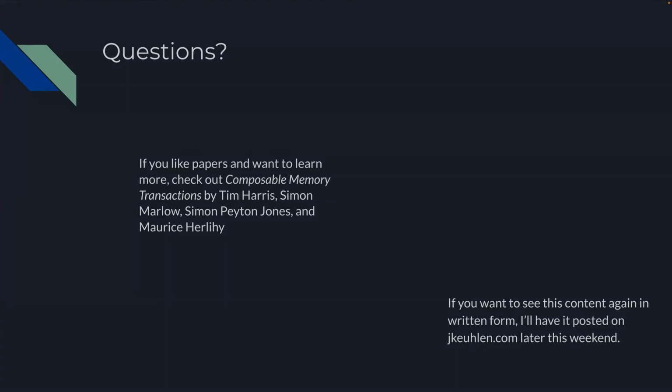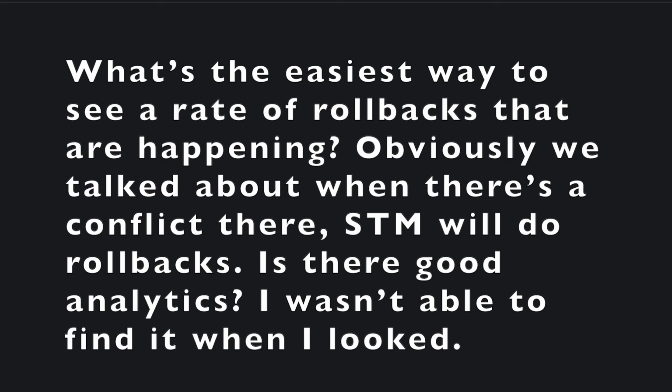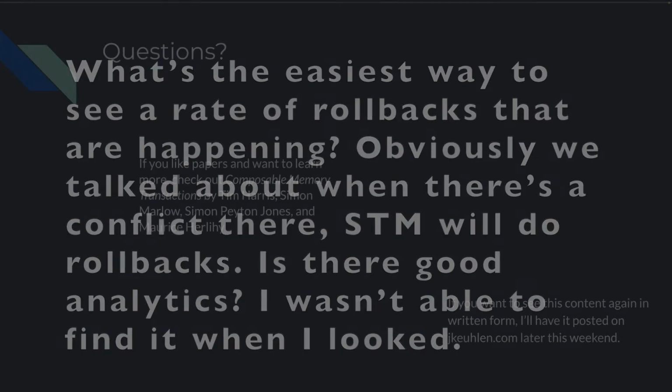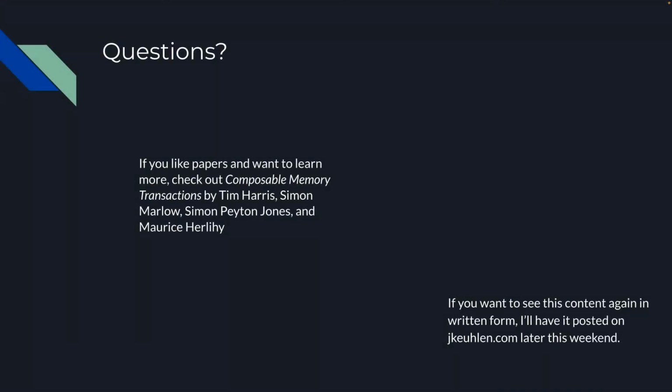Yeah. What's the easiest way to see the rate of rollbacks that are happening? Obviously, when there's a conflict, STM will retry. Is there good analytics? I wasn't able to find it when I worked on the project. You could write it yourself if you really were curious about how often you're retrying.